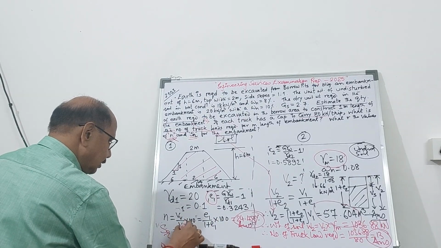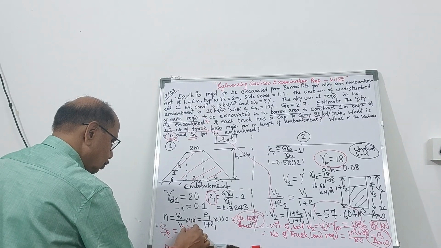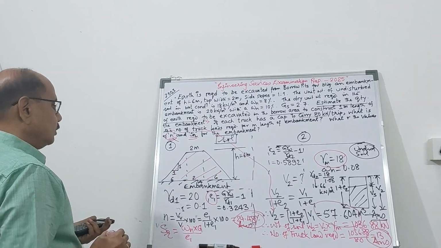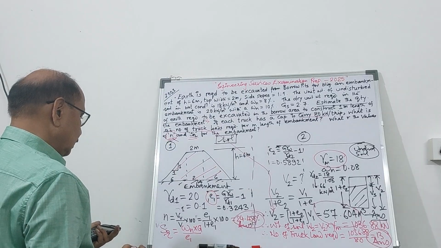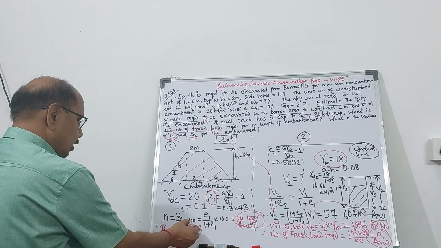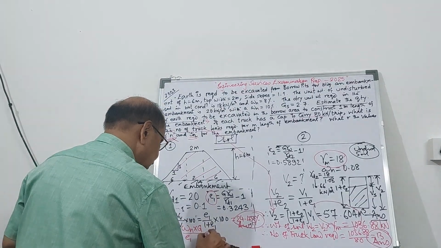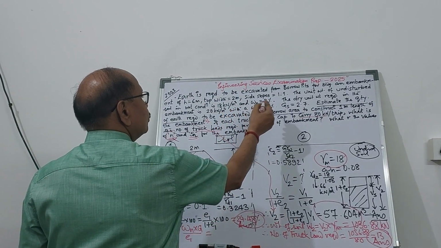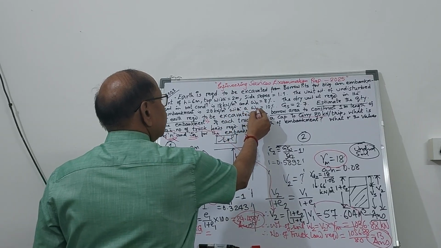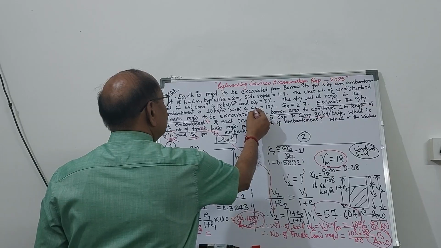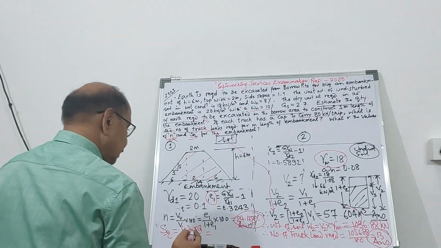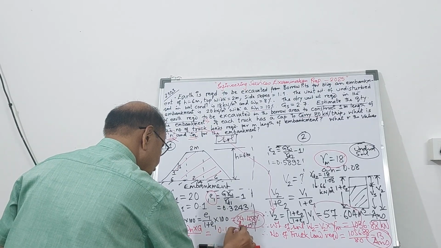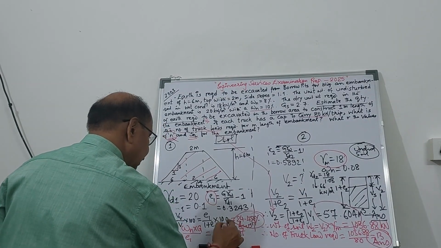So degree of saturation, S into E1 equal to Wn into G. Wn is the moisture content required in the embankment, Wn is 10%. So S equals 10% into G divided by E1.